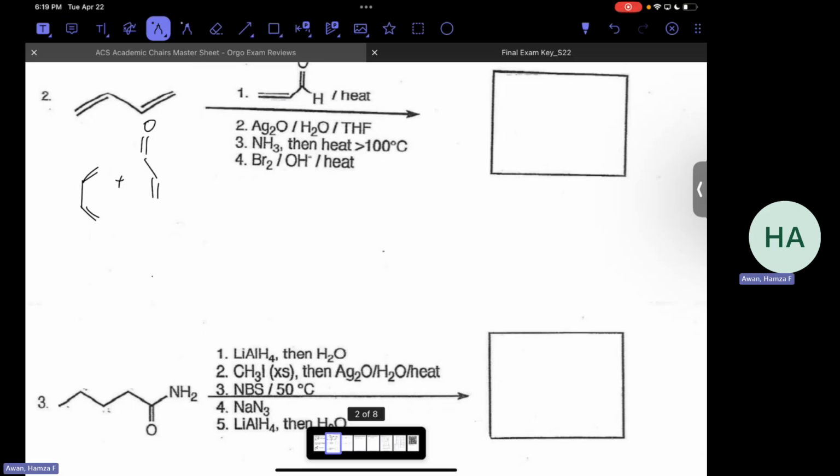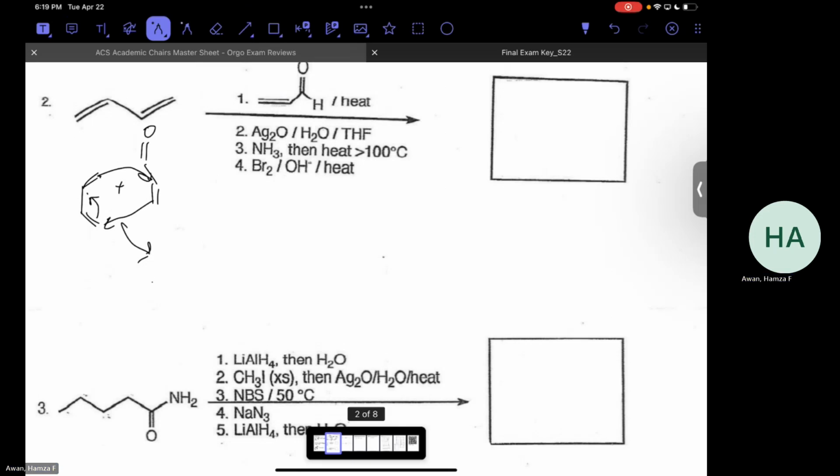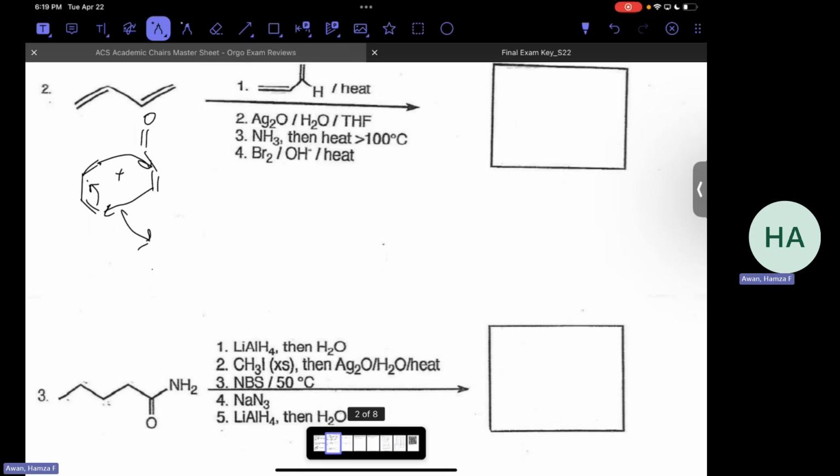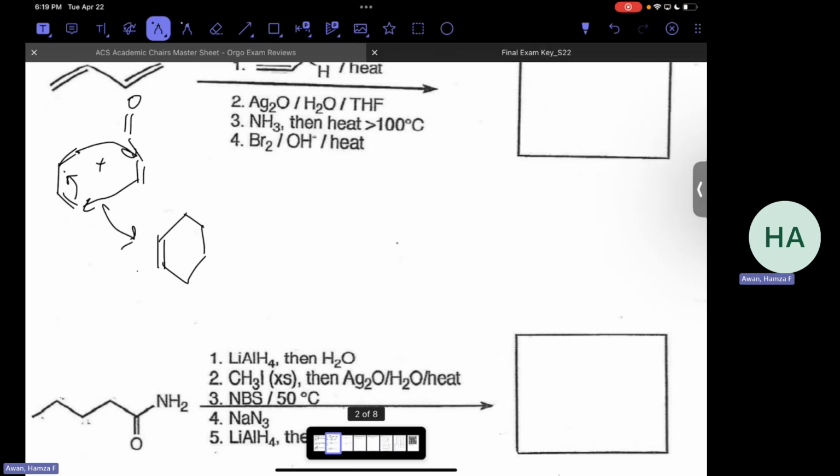right? So the result of this, remember in Diels-Alder, we have this bond attacking this part, this attacking this, and then this stabilizing by creating a double bond in the center. So what we will have is a cyclohexene ring, and then we have to put this group onto a wedge, sorry.